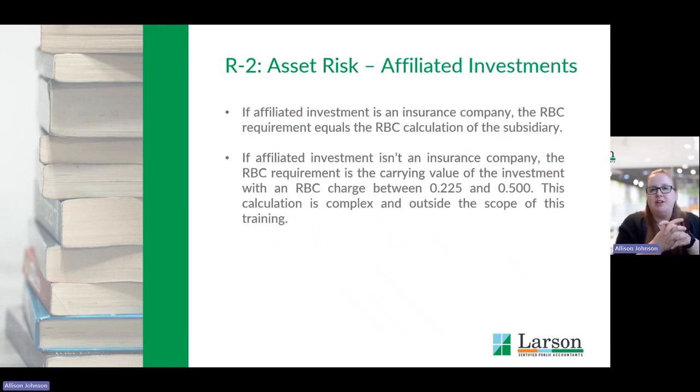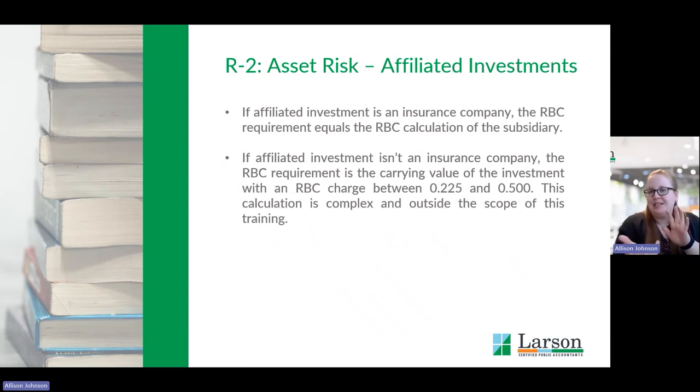And this clarifies a little bit more for ownership in affiliated investments. We've talked earlier about if it's an affiliate with RBC that pulls through. This clarifies a little bit if an affiliated investment is not an insurance company, then the RBC charge is you take the carrying value of the investment and the RBC charge will land somewhere between 22.5% and 50%.